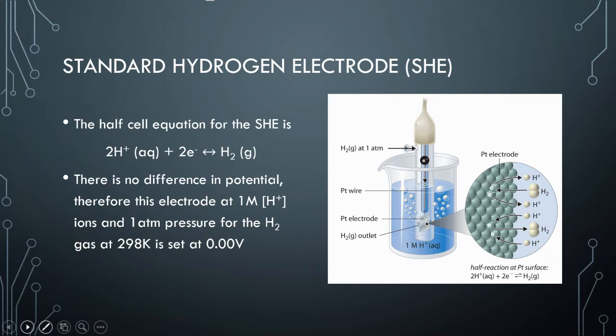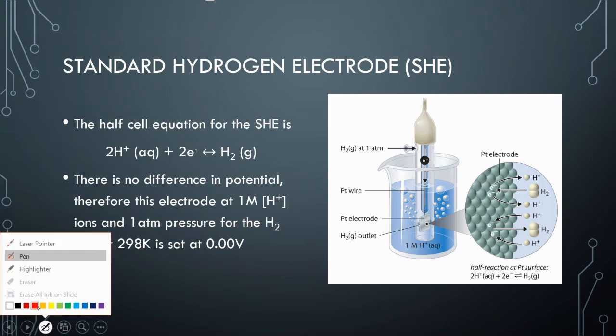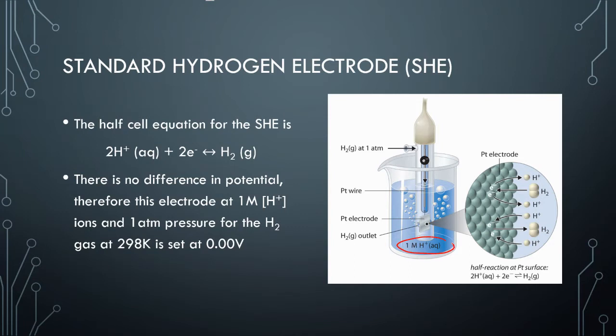The standard hydrogen electrode, or the SHE, is a container, usually a beaker, full of a solution that contains a 1 molar concentration of H plus, and in it is submerged a inert platinum electrode.